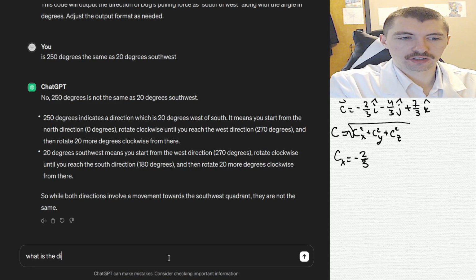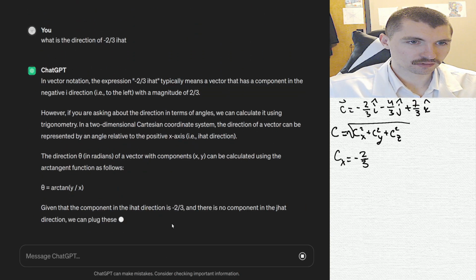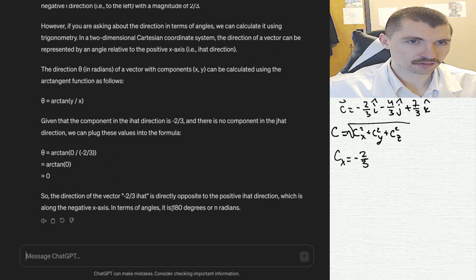What is the direction of -2/3 i hat? So 180 degrees.